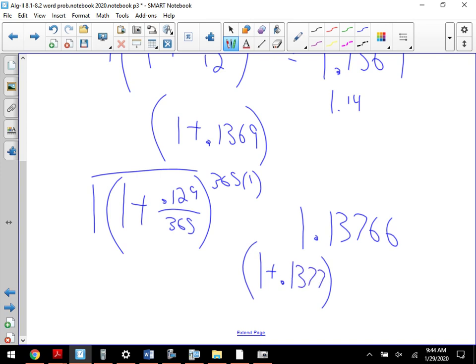This one was 13.69. So that's where the slight variance becomes, because if you round this out to 2 decimal places, you get the same thing. I just want to see if you know how to set that up. So the idea here is for every dollar you don't pay off, you owe 13.69 cents. 13.7 something cents.